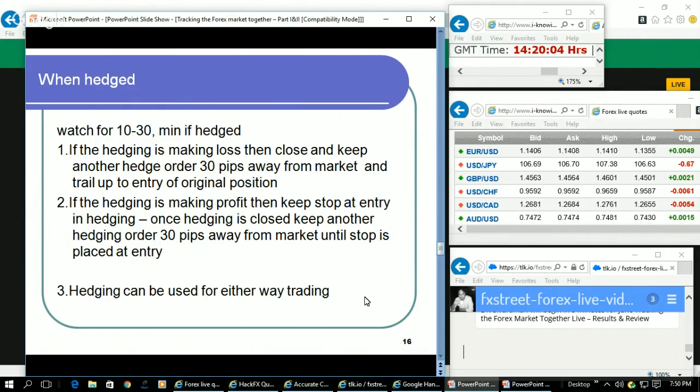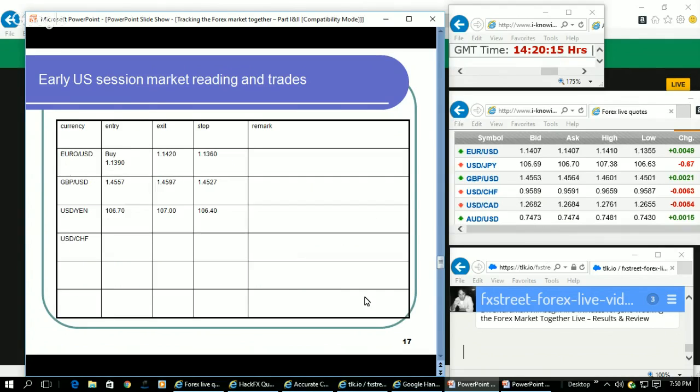So if you develop the trading strategy and understand the possibility of trading using hedging, then you come across innumerable propositions, and thereby you will be able to continuously trade without any stress. Because at any time, the open position will have only a 30 pips loss-making position if it is hedged. Otherwise, if the position makes profit, we'll keep the stop at entry and remove the hedge order.